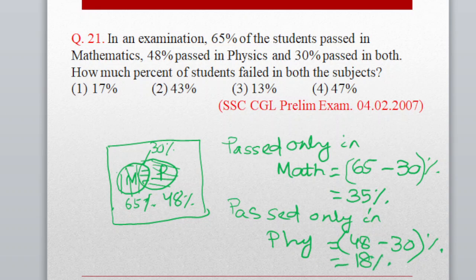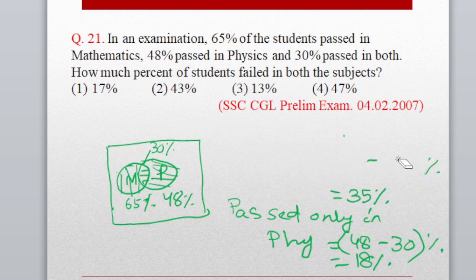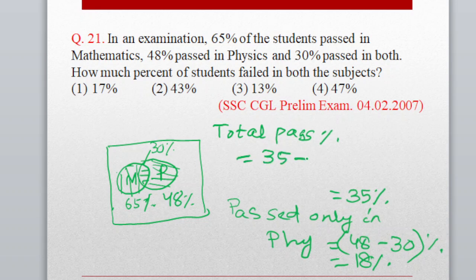Now total pass percentage is equal to 35 plus 18 plus 30.